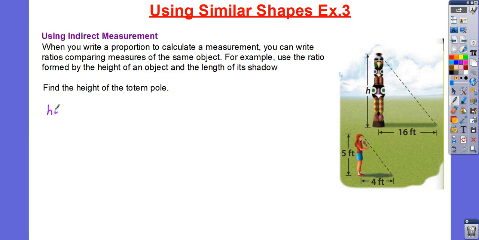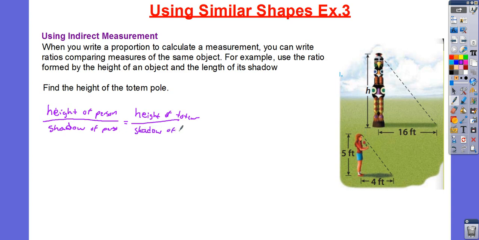So we're going to have the height of the person, and the height of the person is going to correspond to their shadow. On the other side, we have the height of the totem, and that corresponds to the shadow of the totem.